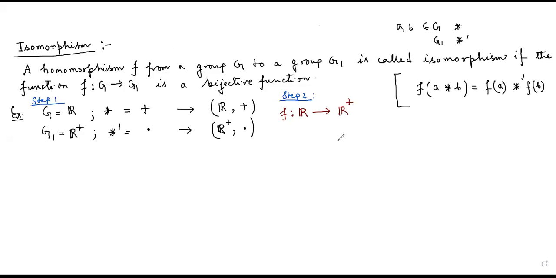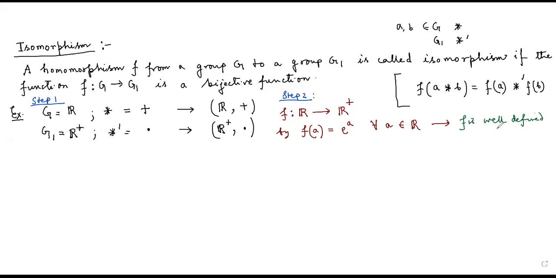The function is defined by f of a equals e to the power a, which is defined for all a belonging to the domain R, or all a belonging to the set of real numbers. Clearly, this particular function is well defined.